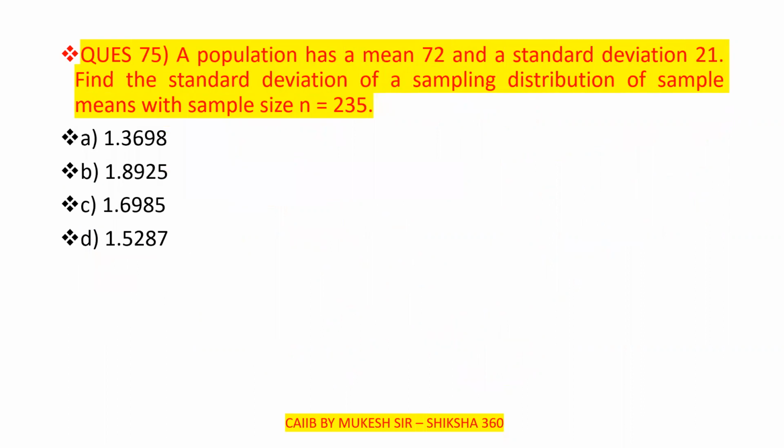Question number 75 is presented on your screens now. A population has a mean of 72 and a standard deviation of 21.